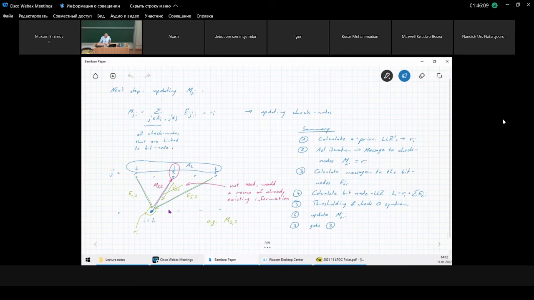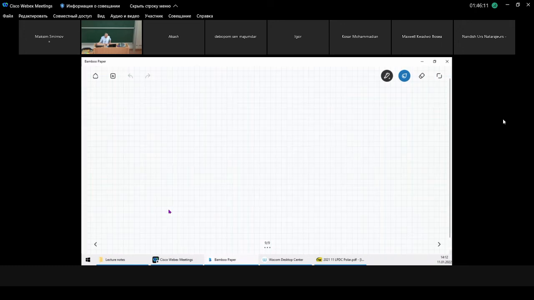So let's come to one further point. Thinking about good or bad parity check matrices. So what can be good or bad parity check matrices?